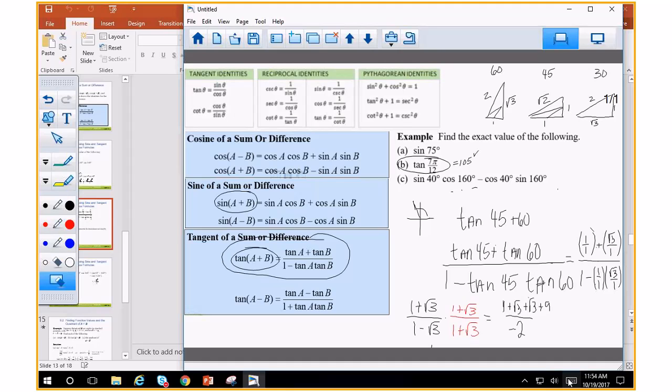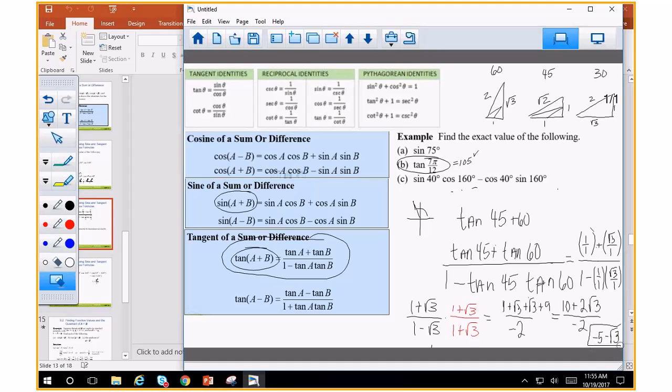And then that's going to give me 1 plus 3 is 4, plus 2 square root of 3 over negative 2, and that negative 2 will go into here. That'd be negative 2 minus square root of 3. Right? Somebody check me.